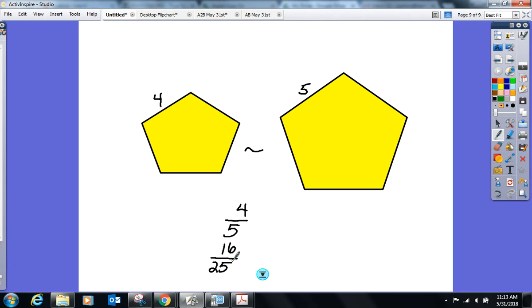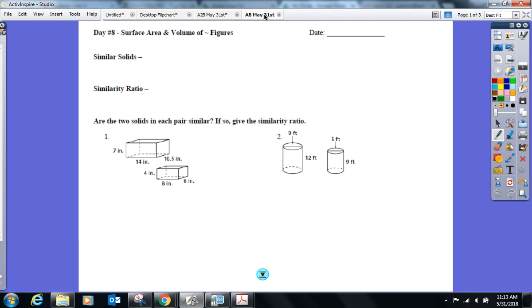Okay, 3D figures. So what does it mean first right off the bat if two solids are similar? Two things. One is if they're the same polyhedrons. You can't have a cylinder and a cone similar to each other. All right, so same polyhedrons. I want to say multiple edges, maybe.